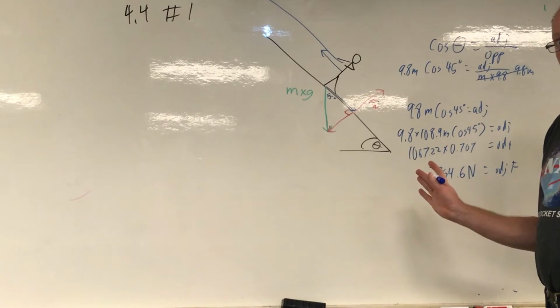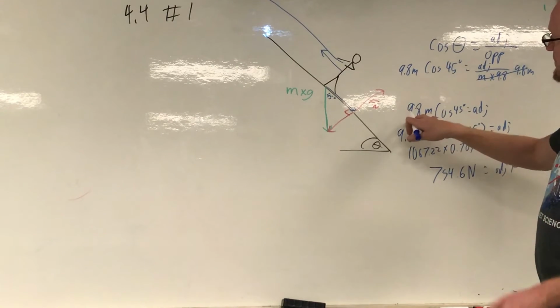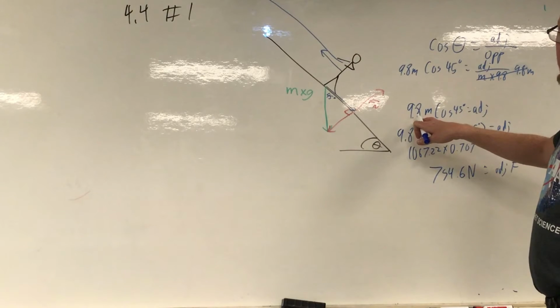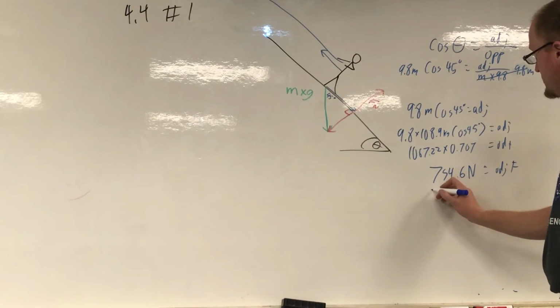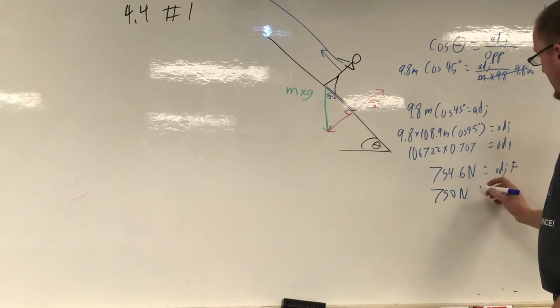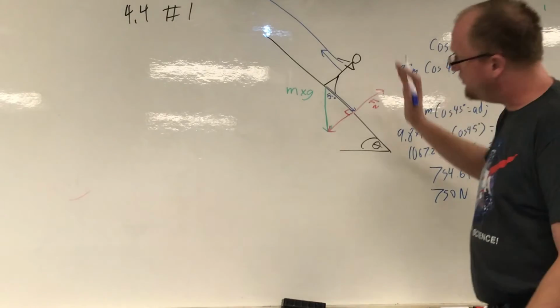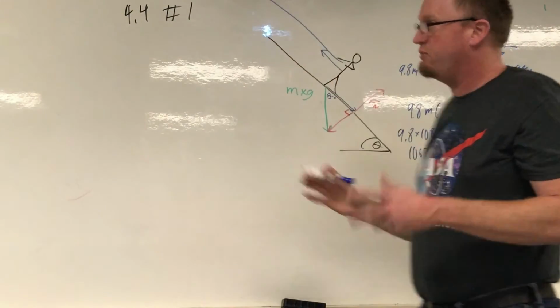Now, one thing to think about, where do you round? Remember, since we only have 2 sig figs for our gravity, we can't have anything more precise than 2 sig figs. So we're going to end up rounding this, and I'm going to get 750 newtons, and I'm applying the force. I'm forcing myself that way. I may be pulling, but I'm forcing myself that way.